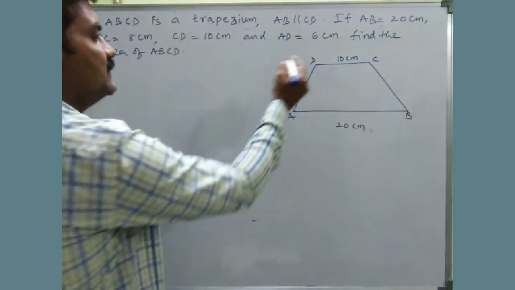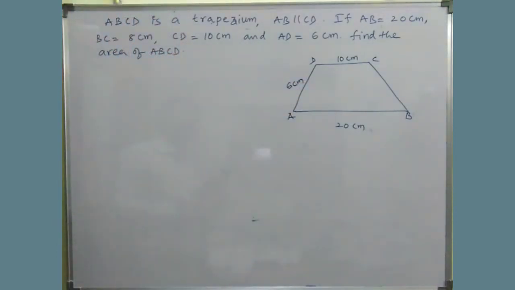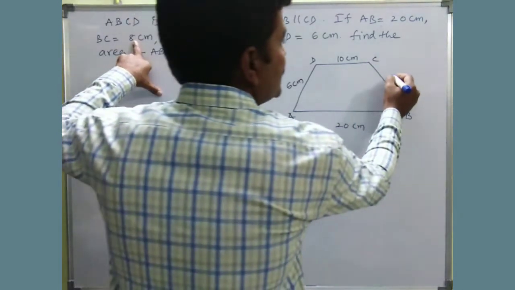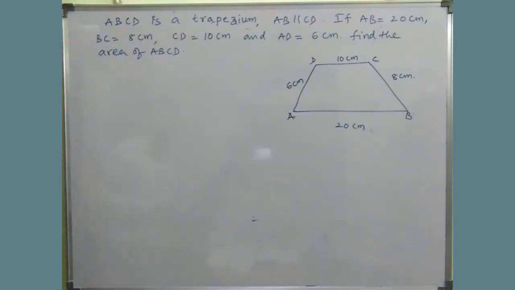AD is provided as 6 centimeters, and finally one more, BC is also provided, 8 centimeters. Right. So now we need to find the area of this trapezium ABCD.